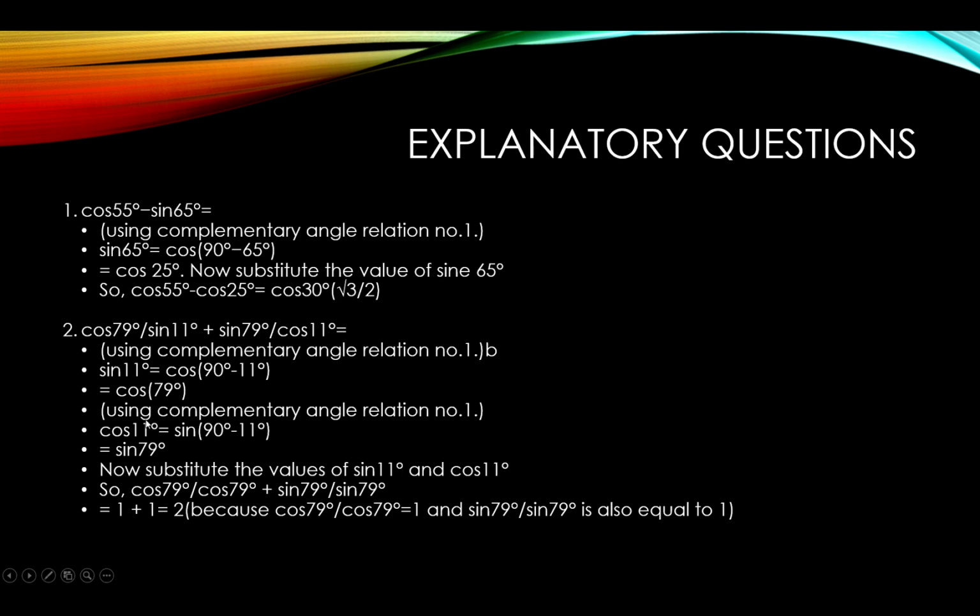Now we will be using the complementary angle relation number 1 again for cos 11. So cos 11 is equal to sin(90 - 11), which is equal to sin 79. Now we will be substituting both of these values in the original equation. Upon substituting, we find that cos 79 by cos 79 is 1 and sin 79 by sin 79 is 1. So 1 plus 1 is equal to 2.